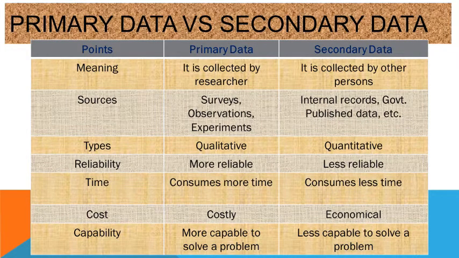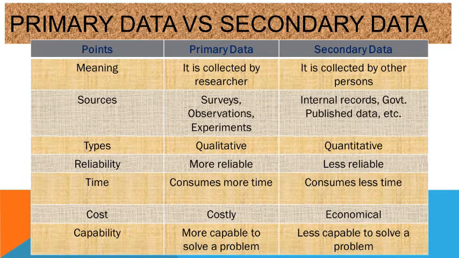Now let's see the difference between primary data and secondary data. Primary data is often reliable, authentic and objective as it is collected with the purpose of addressing a particular research. It is not commonly collected because of the high cost of implementation.